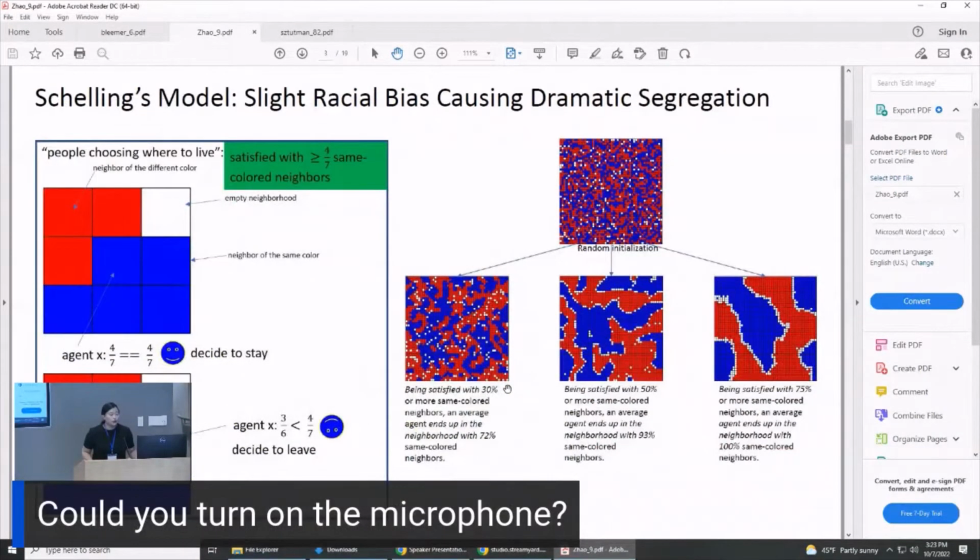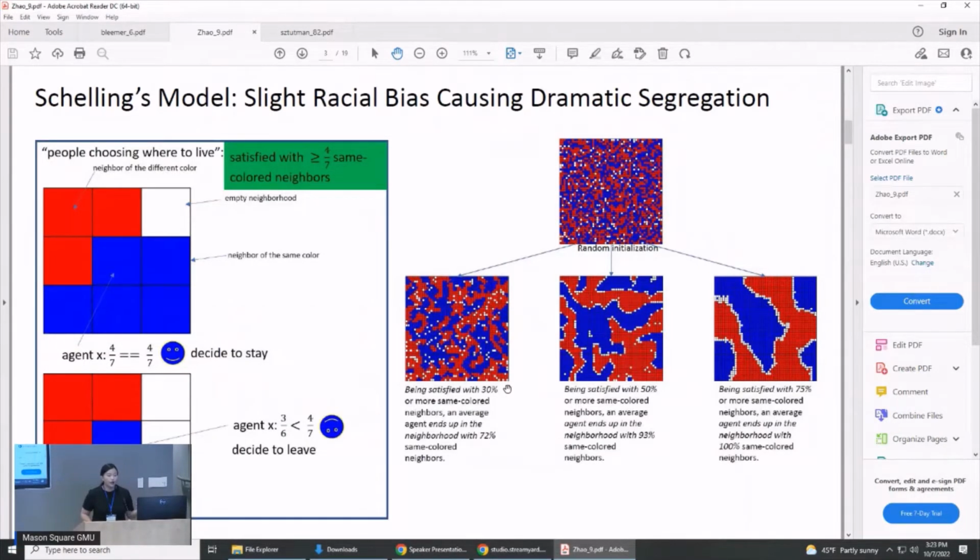To be more specific, over 50 years ago, Thomas Schelling modeled agents living on a checkerboard. They are either red or blue. Locally, everybody is making a decision about whether they want to leave their current neighborhood or not. They will become unhappy if more than a certain threshold of neighbors are of a different color.